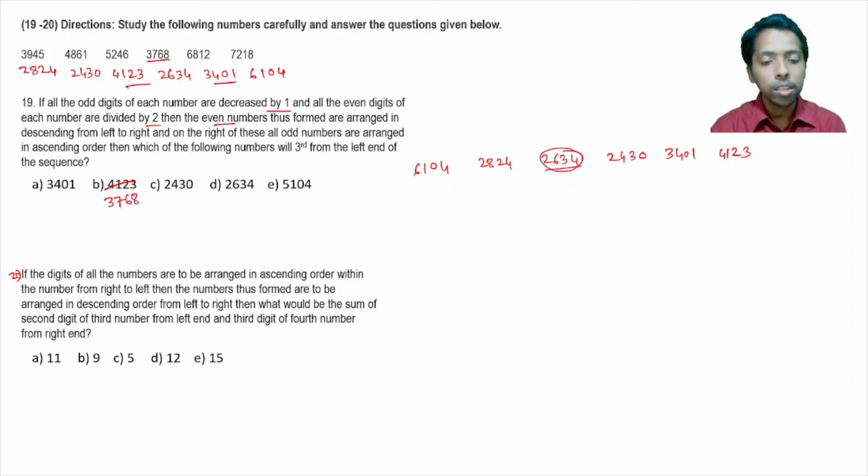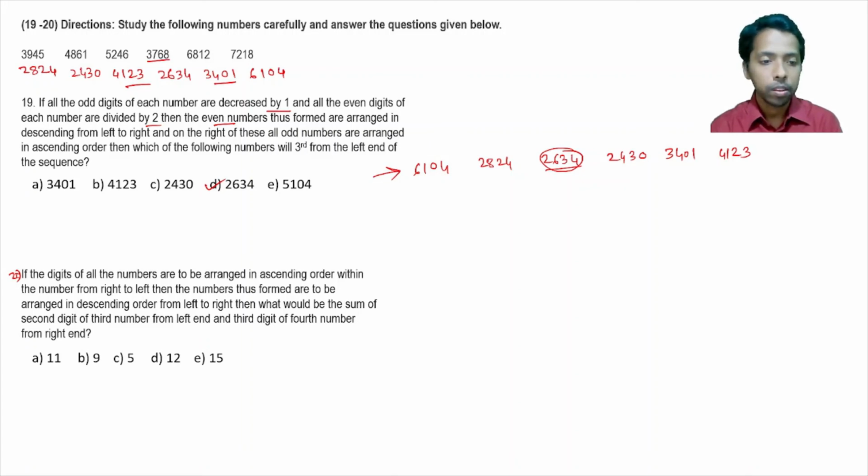But here one thing you have to understand, that the numbers are arranged in ascending order. Which of the following numbers will be third from the left end of the sequence? So this particular sequence it's talking about, and because only this option is available here, only option D is correct, right?